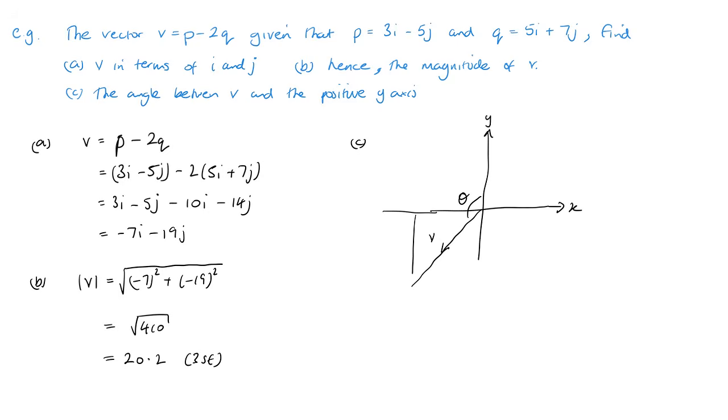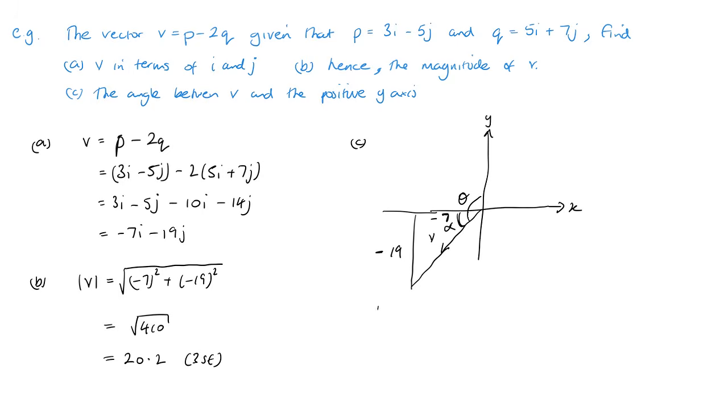Now it's 19 down and 7 across. It's actually minus 7 and minus 19, but I can forget those when I am dealing with the angles, and we want first to find this angle alpha.